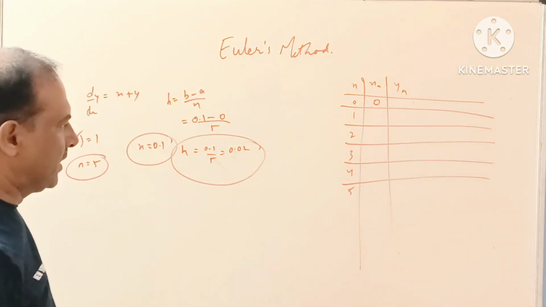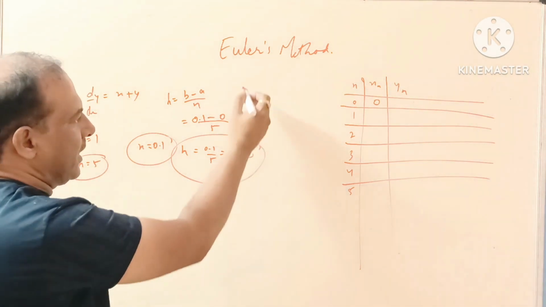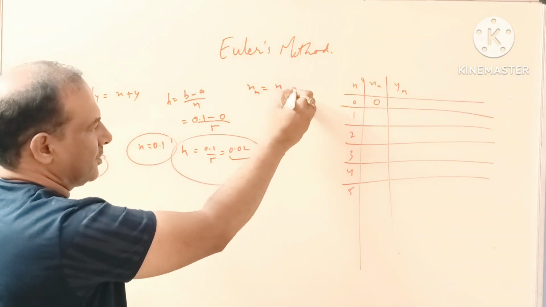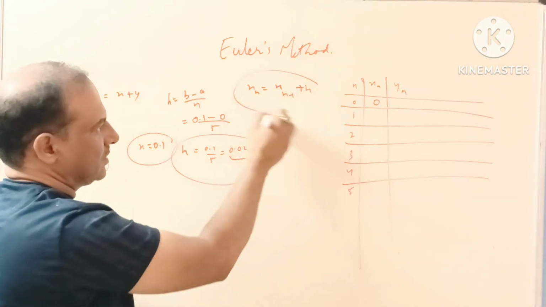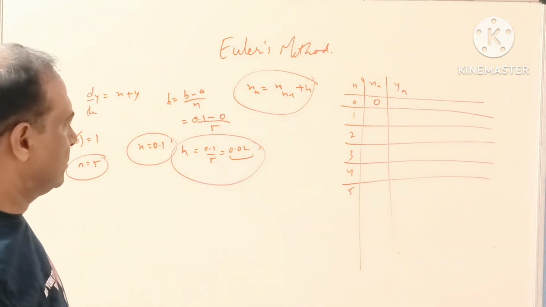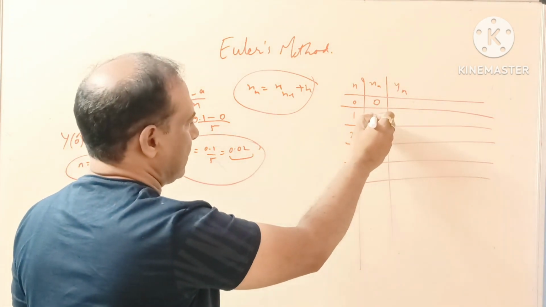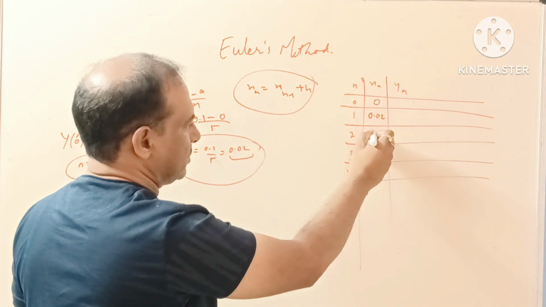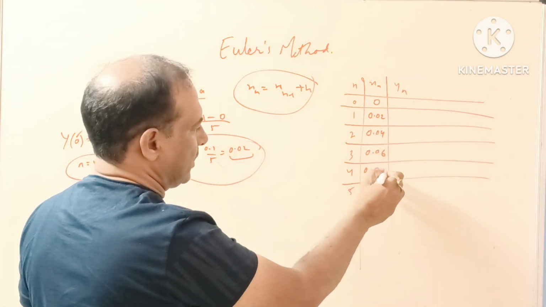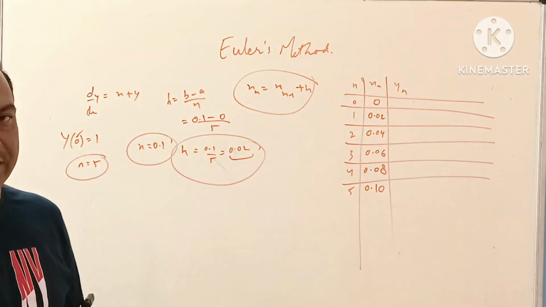Then you have to add h, which is 0.02, because we know xn = xn-1, the preceding term, plus h. Adding 0.02 to 0, we have 0.02, then again 0.04, 0.06, 0.08, and lastly we have 0.10. These are the values for x.